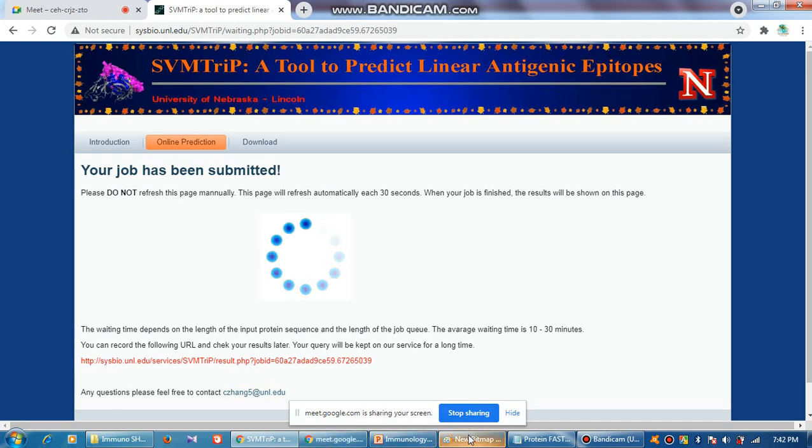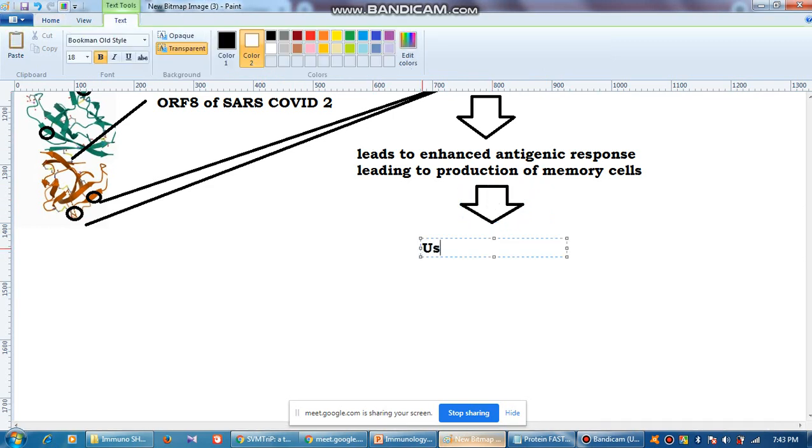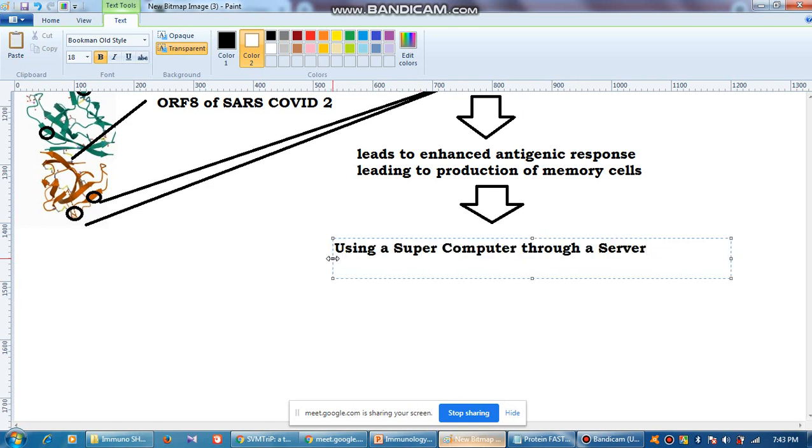It does not require your computational resource, you just need to connect to the server. A server is nothing but a computer which is connected to a network.